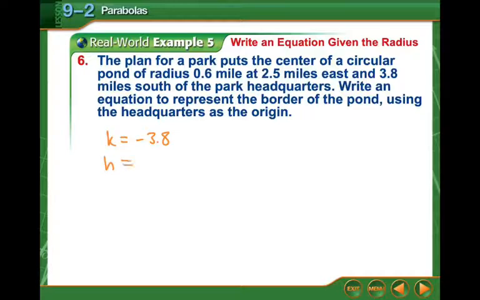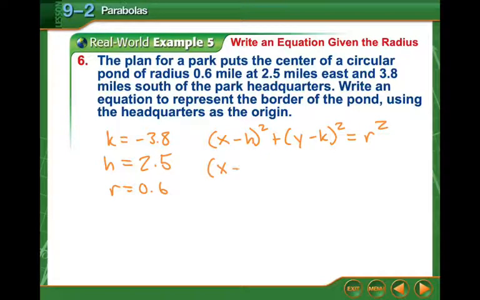And an h value, because that was south. And east is positive in the x, 2.5. And our radius is 0.6. So again, our formula for this, x minus h squared plus y minus k squared equal to r squared.